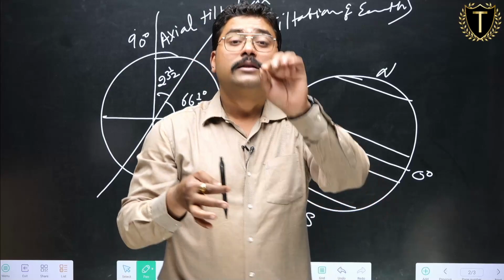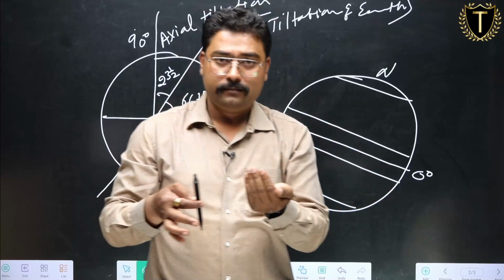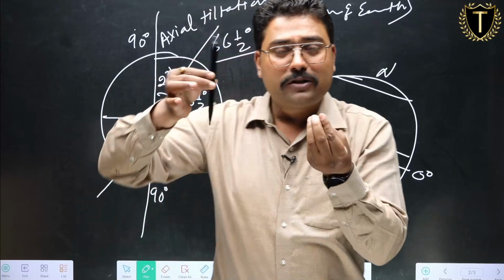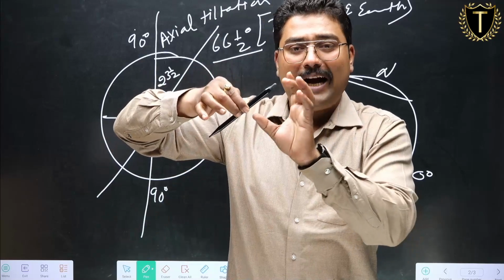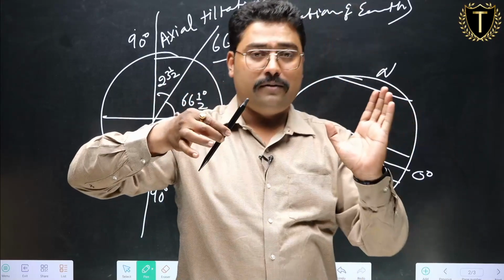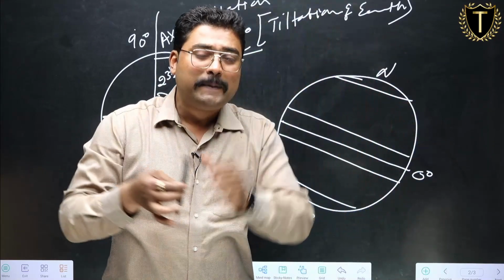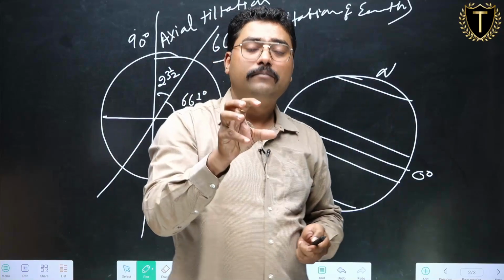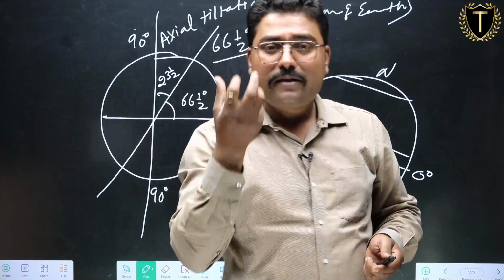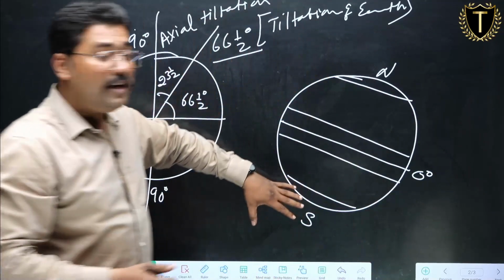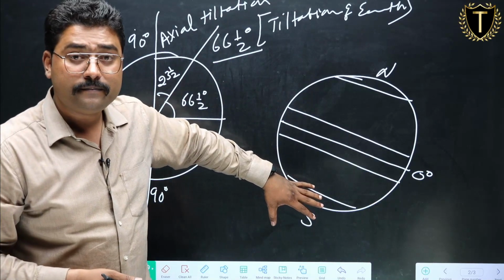Second thing, the length of day and night. Because the Earth is tilted, the part which is tilted towards the Sun will experience a longer daytime, and the part which is away from the Sun will experience a shorter daytime.